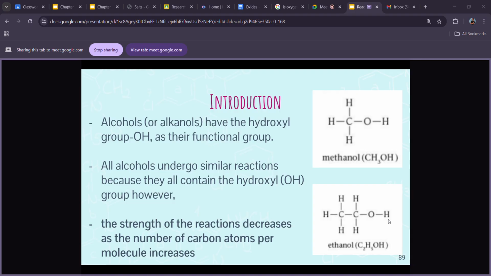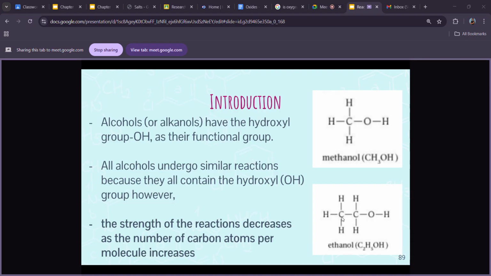Remember that for something to be able to dissolve in water, it must be considered as polar, it must have free ions, right? And in the case of alcohols, when we increase the number of carbons, the non-polarity of the compound increases, which means it gets less polar, and so it becomes less reactive. So the more carbons that we have, the less polar it becomes, and the less reactive it also becomes.